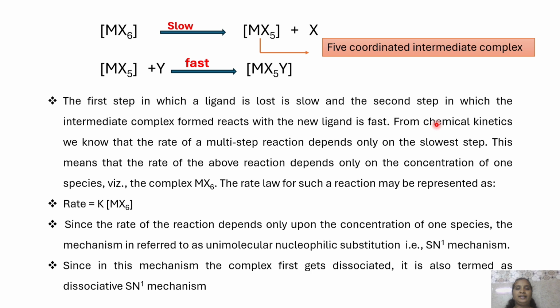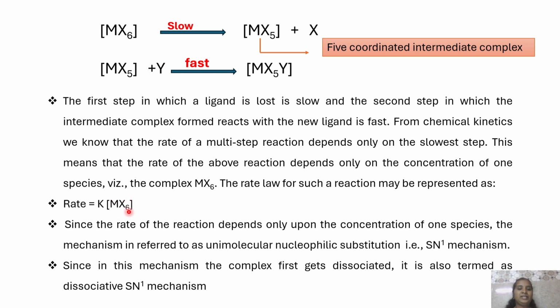From chemical kinetics, as we know, the reaction rate depends only on the slowest step. Here, the slowest step involves only the concentration of one species. So we can say the reaction follows first order kinetics. How can we write the rate? The rate of the reaction is equal to K, the rate constant, times the concentration of the reactant complex.